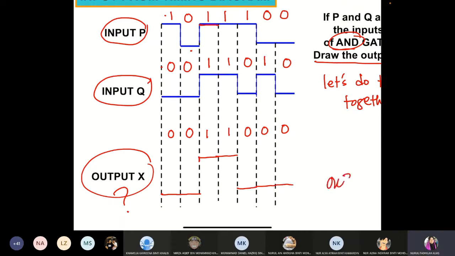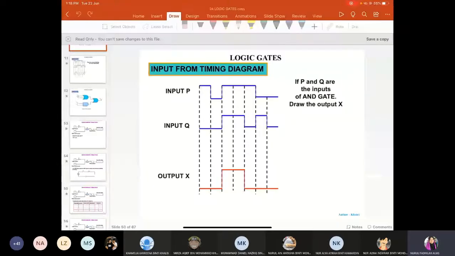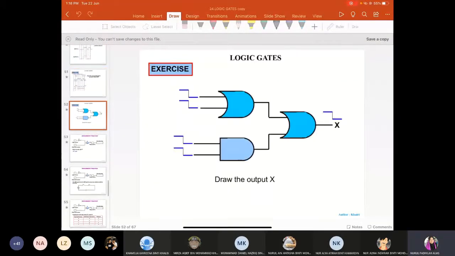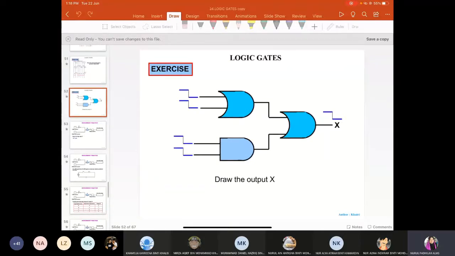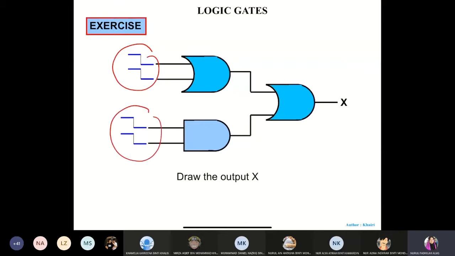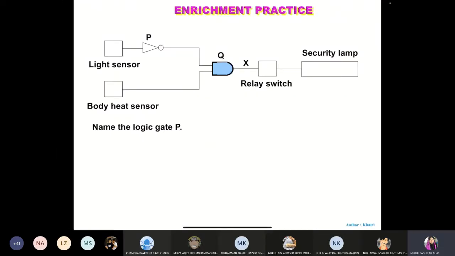Okay? So that's not difficult. Let's have a look. Look at this. NOT gate.